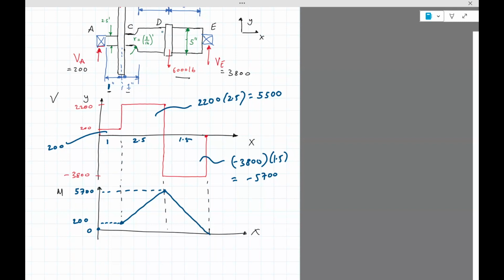Okay, there is one more thing which I think is interesting, which is at C, we see there's a change in geometry. So we should look at the moment there, because of stress concentration, that could actually have a larger moment, a bigger stress. So at C, which is 1 inch away, here the area is 2200 times 1, which is 2200.